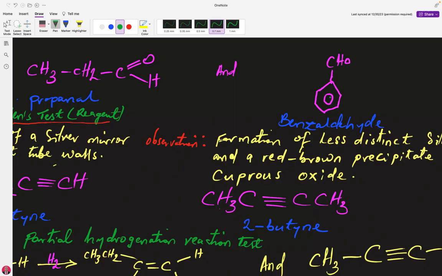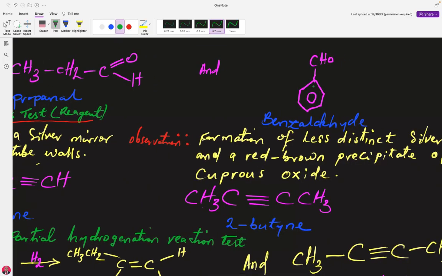For that purpose, we can say, because of the reduced reactivity of the benzyl aldehyde due to the resonance stabilization of the ring, it produces a less distinct silver mirror and a red-brown precipitate of cuprous oxide.